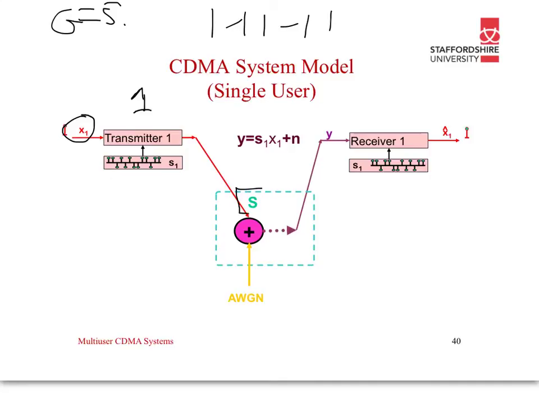This is S, and we would add some noise. Then at the receiver, we would multiply our received signal, or Y, by the same S1, and then we should recover X hat 1, or X hat should be equal to X1 if there is no noise and if the codes are orthogonal.